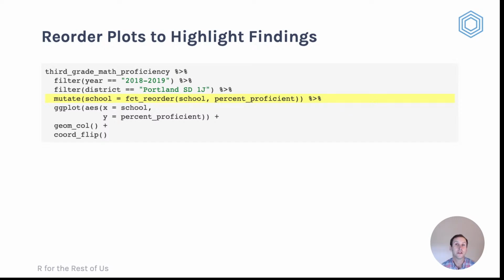For our purposes, what we need to know here is that using this fct_reorder, we can reorder the school variable by percent proficient. And so then when I get down to ggplot, I no longer have to put that reorder again because I've actually changed the school variable so that it already has that order embedded within the variable itself.